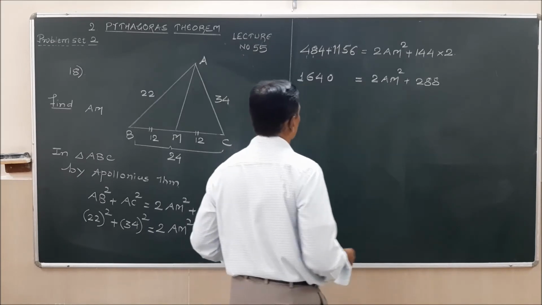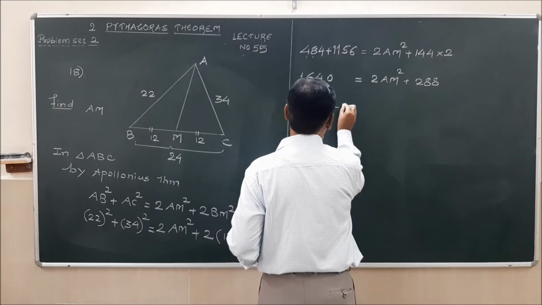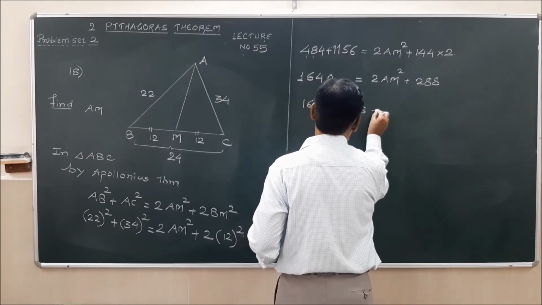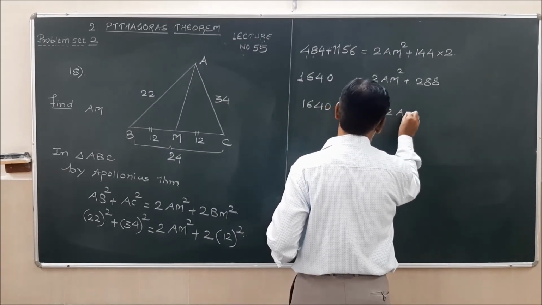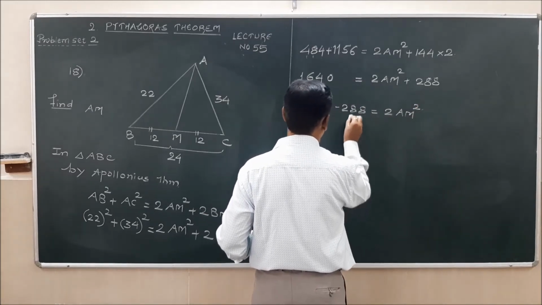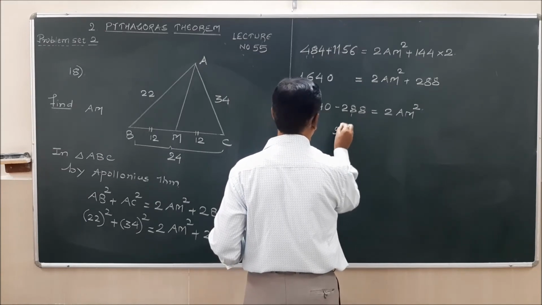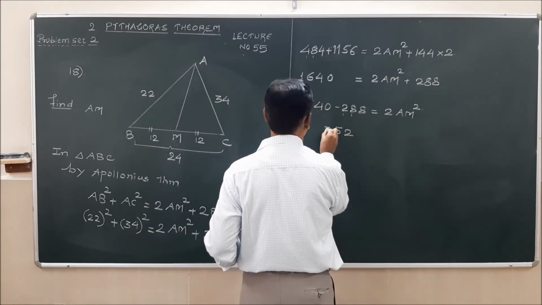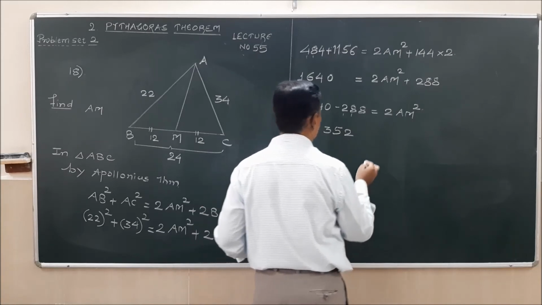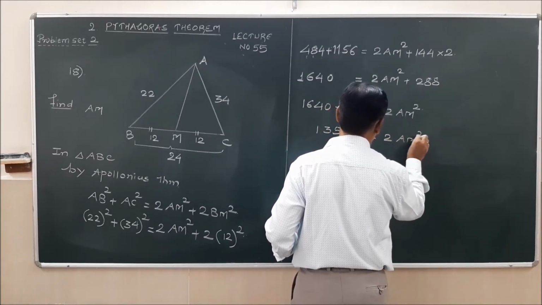Okay. Now transfer this 288 to the left hand side. That is equal to 2AM square, and subtract this. So 1352 is equal to twice AM square.